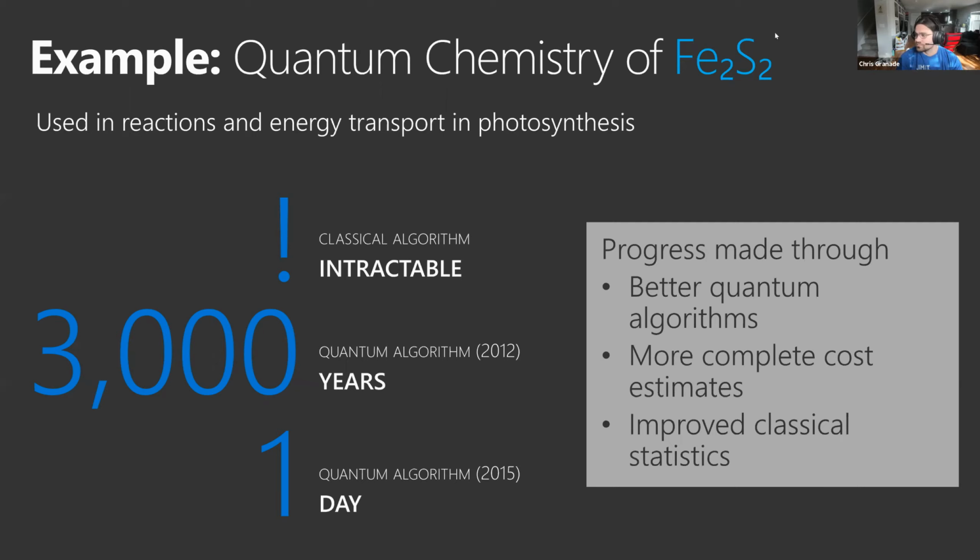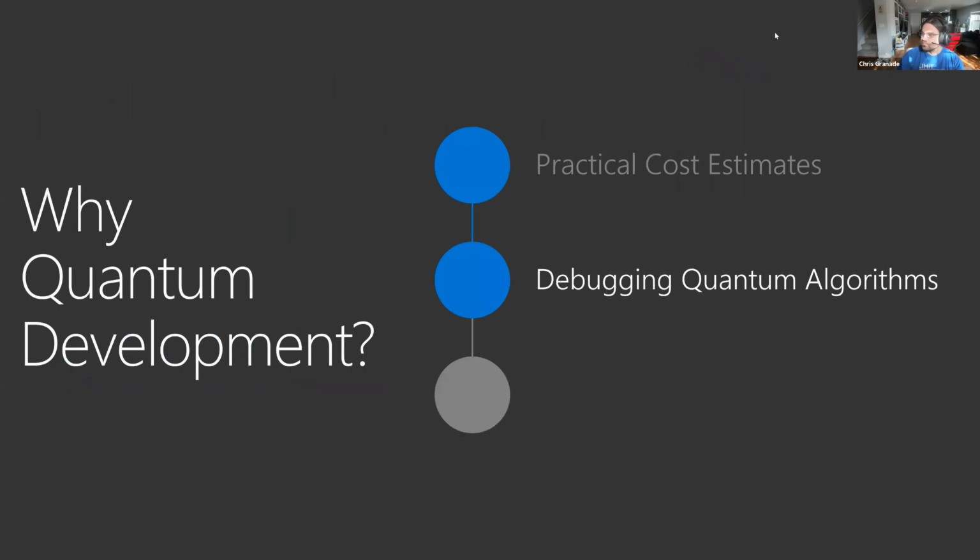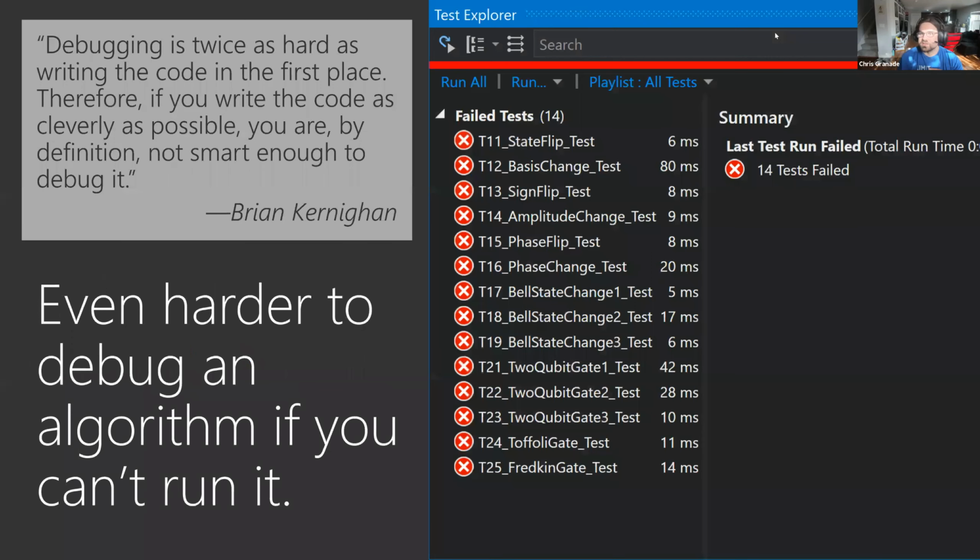Improving the algorithms and doing a more careful cost analysis using quantum programming improved that 3,000 year estimate down to about 1 day under the same cost assumptions. So it gives us a much more practical understanding of what it would take to solve this problem using quantum computing. But another really important one is debugging.